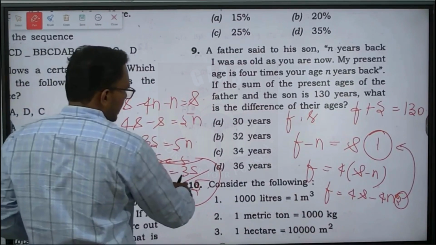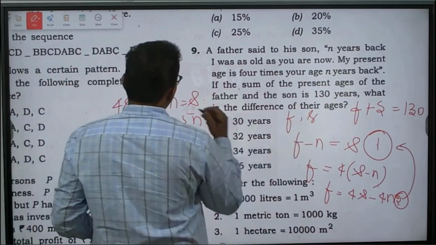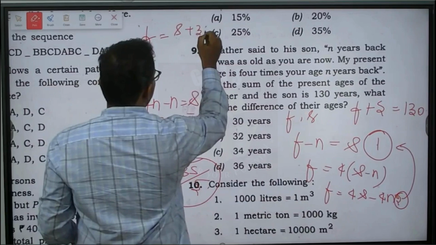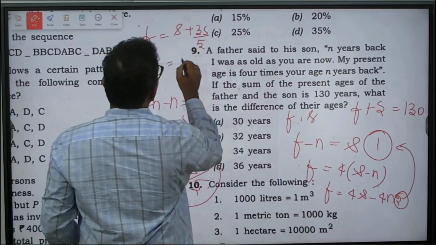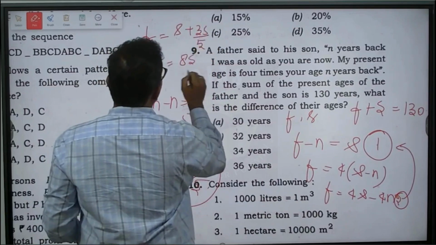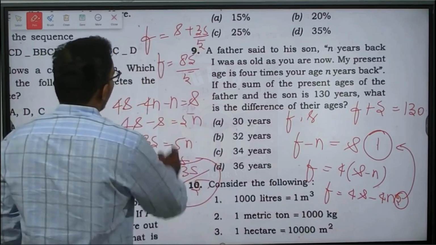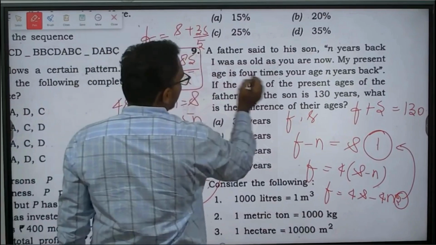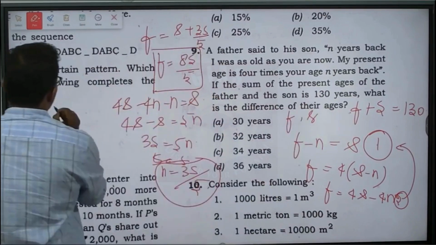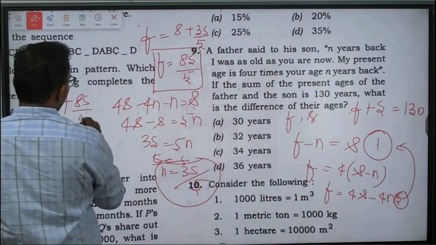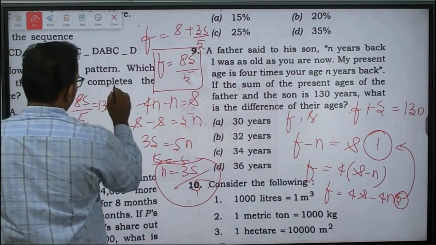So substitute this n here. So you will get f is equal to s plus 3s by 5, which is equal to 8s by 5. Sorry, f is 8s by 5. Now put this in this equation. So s plus 8s by 5 is 130.